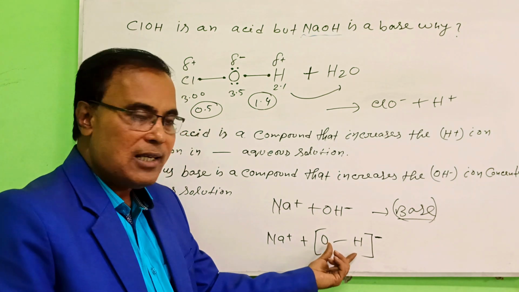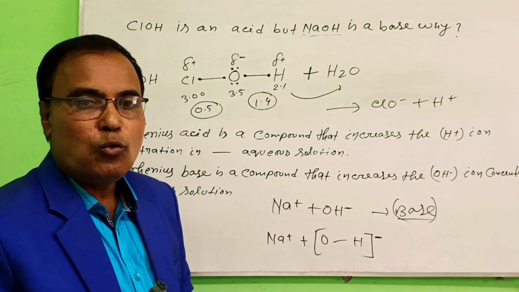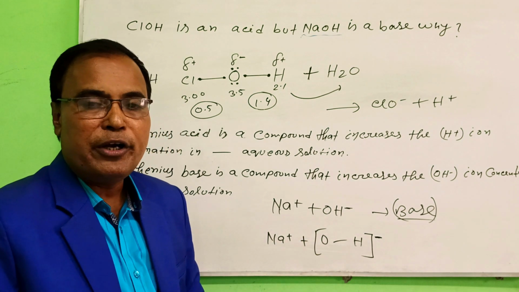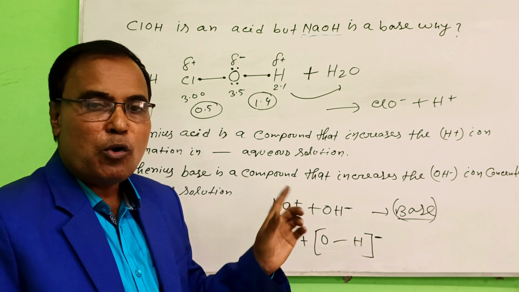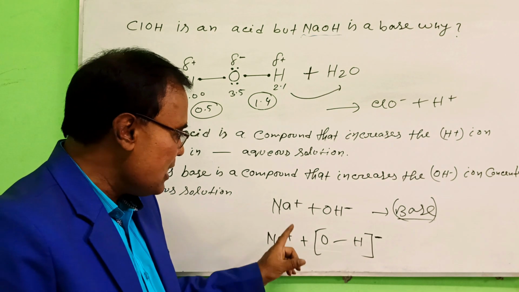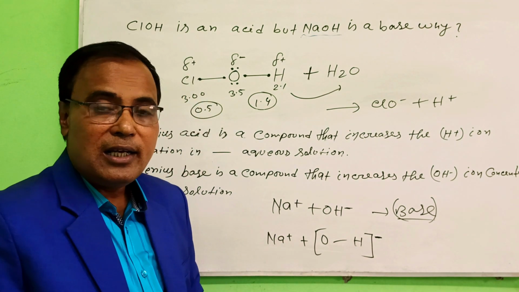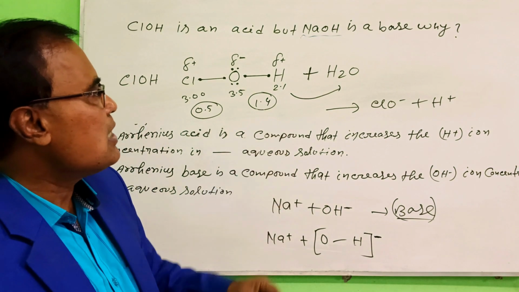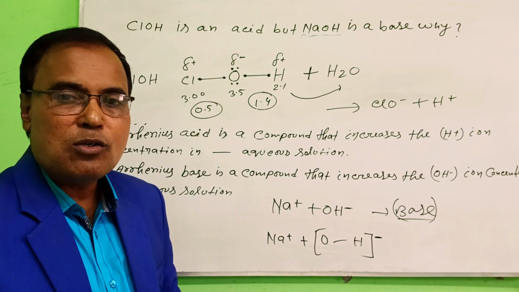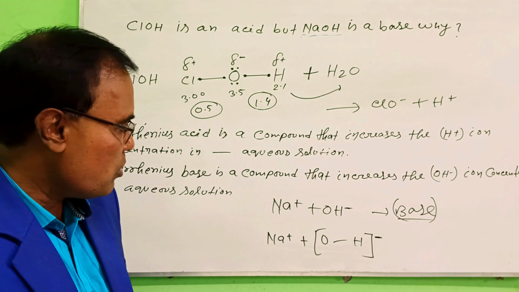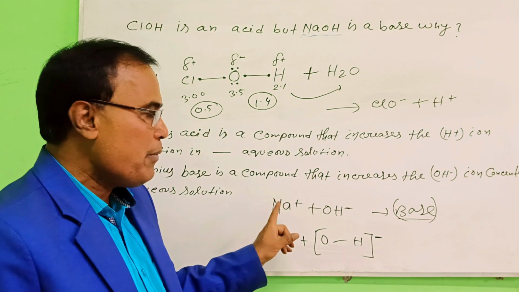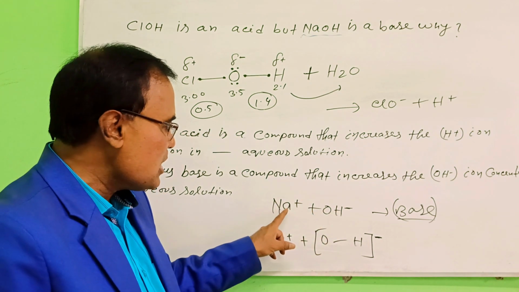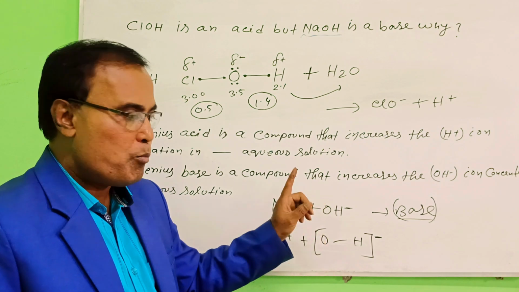That means OH is bonded by a covalent bond, but sodium and OH are bonded by transferring an electron. So you can say it is an electrovalent compound, but in detail, sodium hydroxide is an electrocovalent compound. It is clear that sodium has transferred a single electron to OH, so Na is plus and OH is minus.